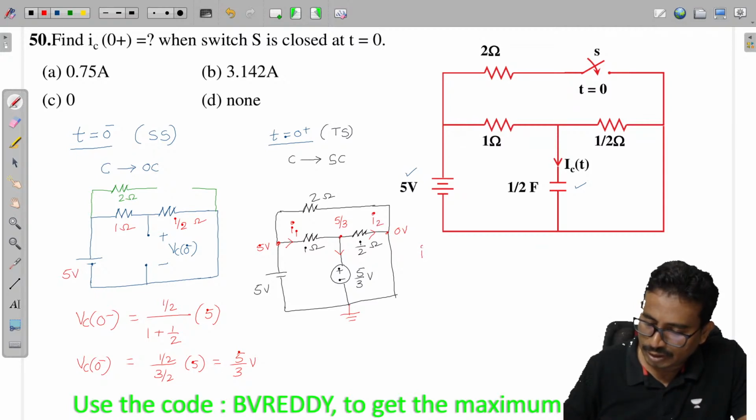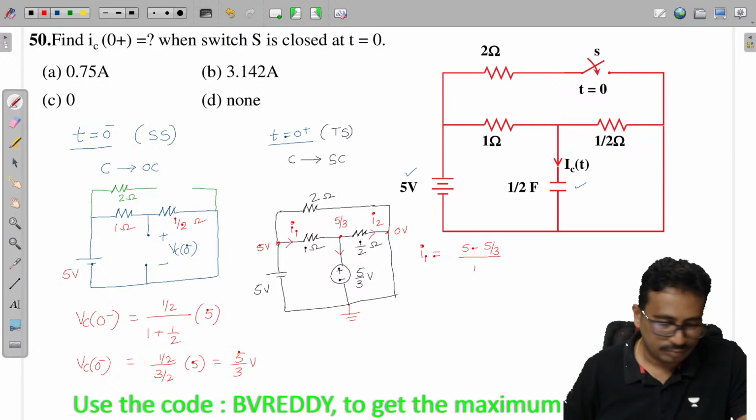So tell me now here, I1 value is equal to 5 minus 5 by 3 by 1. So how much is this value, tell me? Which is equal to 5 minus 5 by 3 by 1. If we take the LCM, 5 minus 5 by 3 now here, that is 15 minus 5.